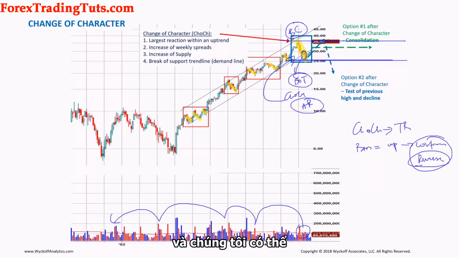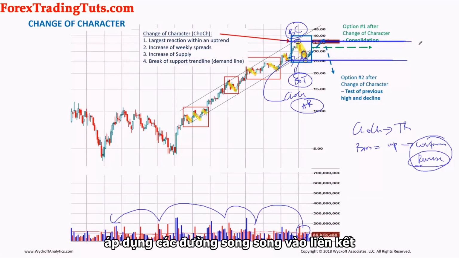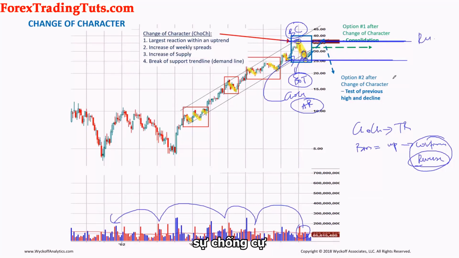And we could form a trading range by applying the parallel lines to the buying climax, and this is going to be our resistance, and support, which is going to be defined by the low of the automatic reaction.